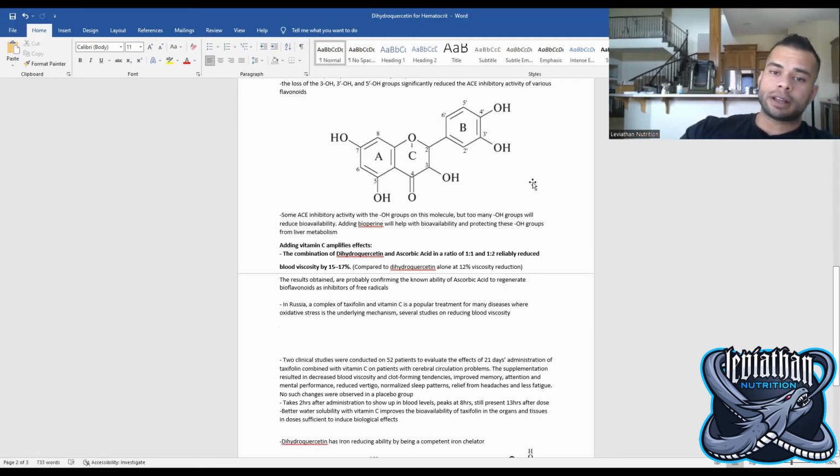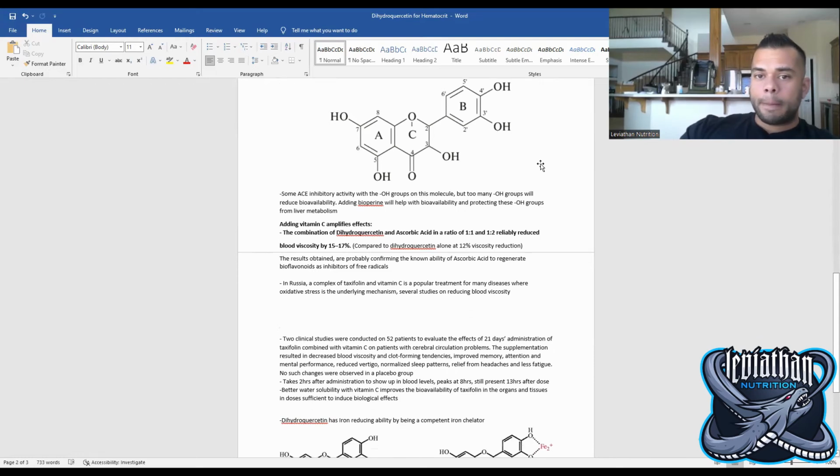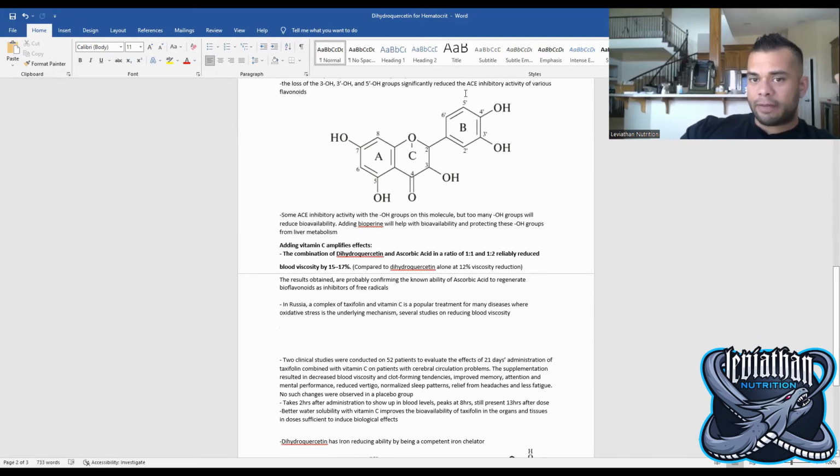Now, compared to normal quercetin, this has 2 more H atoms, as you can tell by the name dihydroquercetin. So we have a little bit better water solubility with this molecule, but it's important to note if we had that 5'-OH, it would probably become too water soluble, and then we'll kind of run into issues with bioavailability when it comes to humans actually ingesting this molecule and getting it to perform the benefits that it's supposed to.